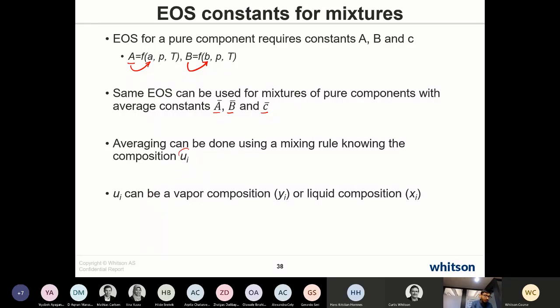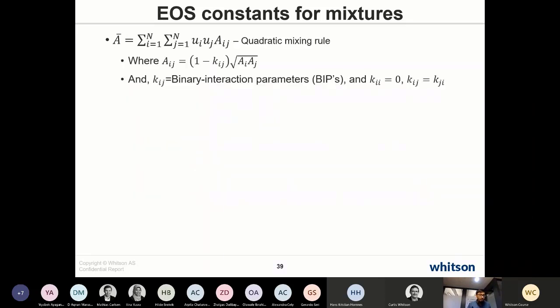In general terms we represent that as U, and this Ui could either be a vapor phase composition, which is yi, or a liquid phase composition xi. The mixing rule generally used for A averaging is the quadratic mixing rule.